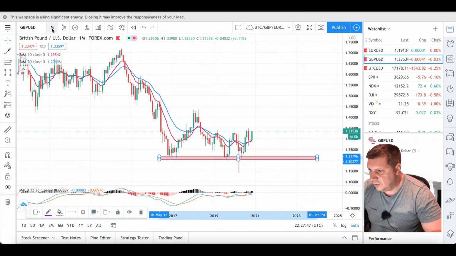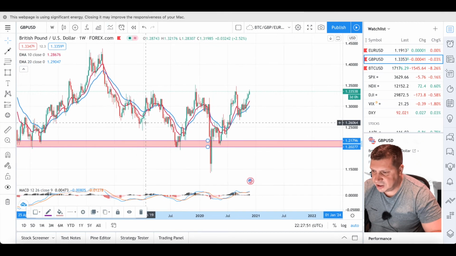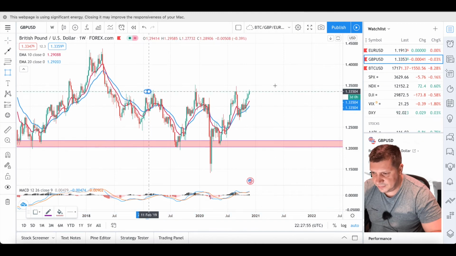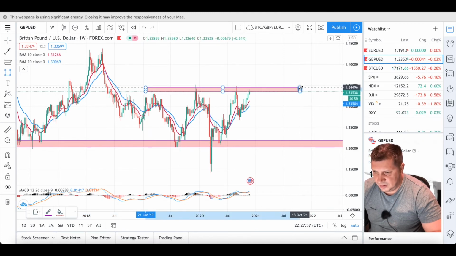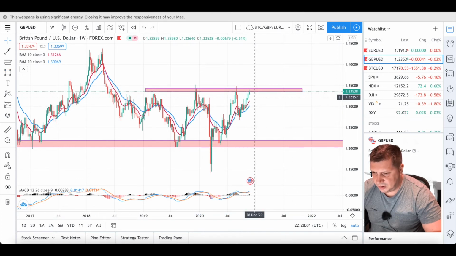And if we go back to weekly, then you can see that we have very strong support in this area as well. Yes, not support, but the strong area of rejection.